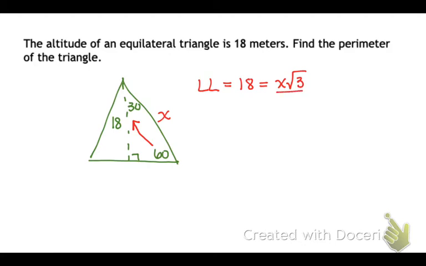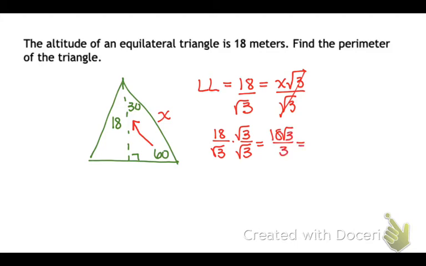So we would divide by radical 3, divide by radical 3, so this cancels. Again, I do not want a radical in the denominator, so I'm going to have to rationalize and multiply by radical 3 over radical 3, which would be 18 radical 3 over 3, and 18 divided by 3 is 6.